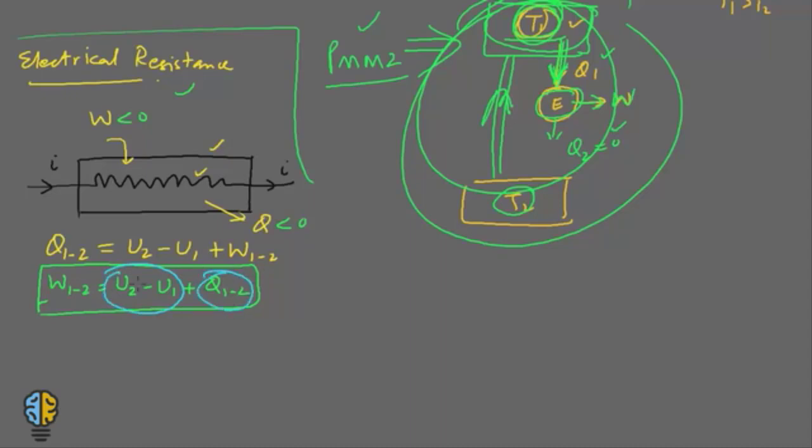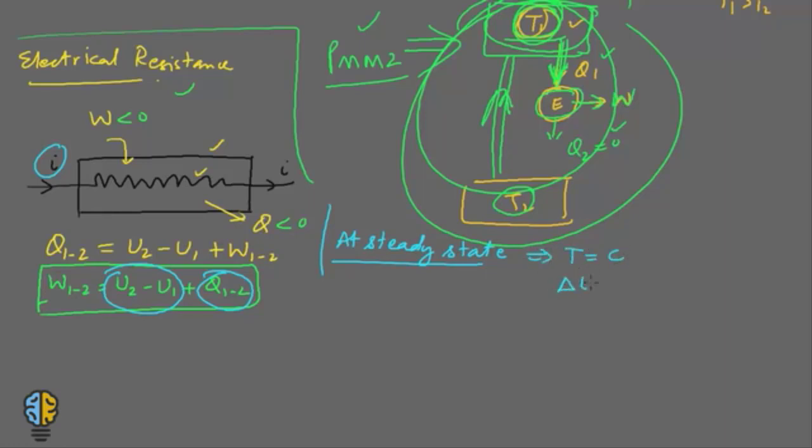Now at steady state, the internal energy and hence the temperature of the resistance becomes constant. Because current flow is a function of time, at steady state the current flow becomes steady. There is no fluctuation of current flow with respect to time. Therefore the temperature also becomes constant.